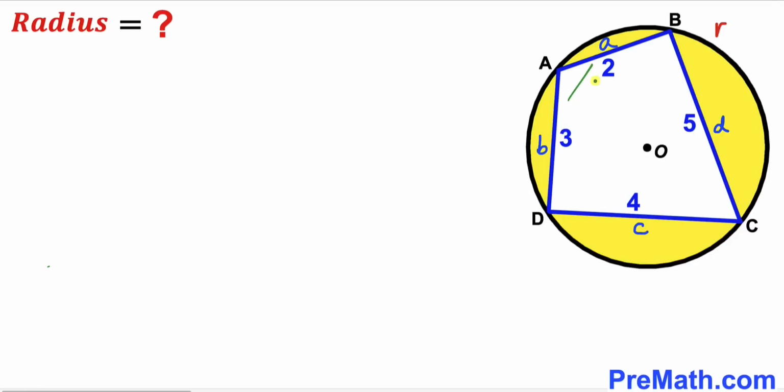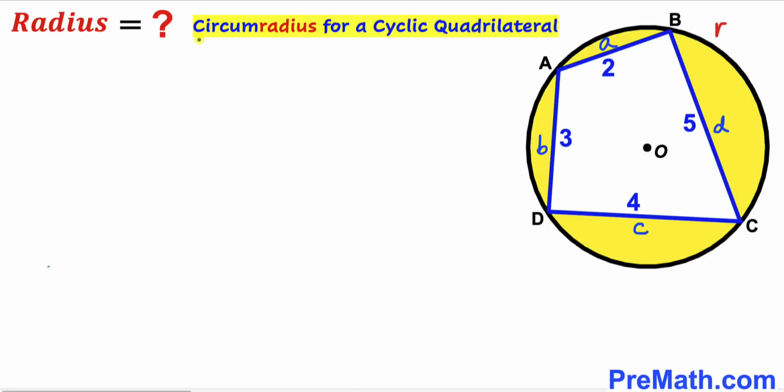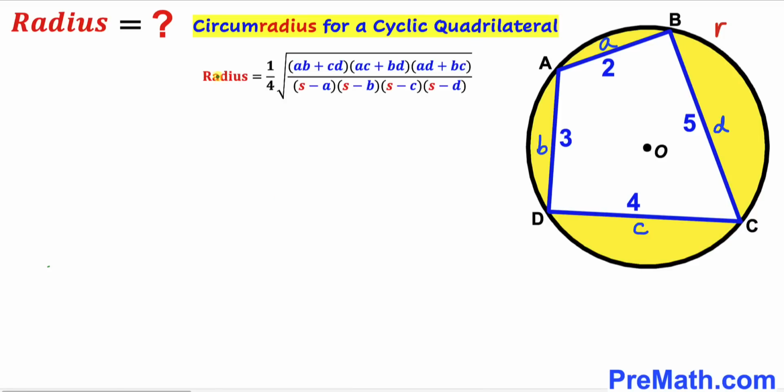Since we are dealing with a cyclic quadrilateral, let's recall the formula for the circumradius.